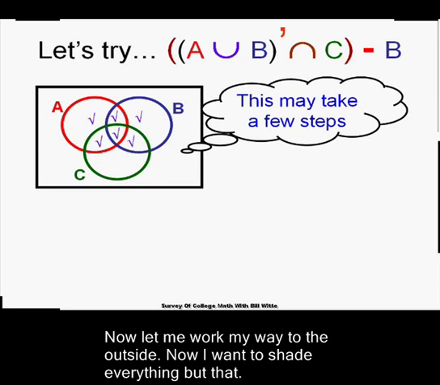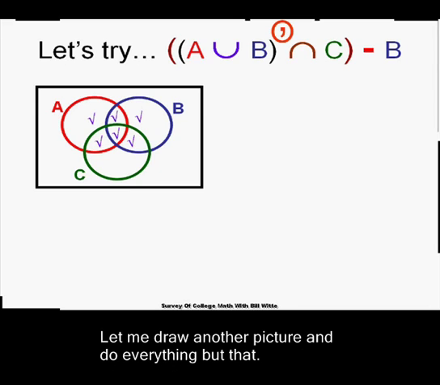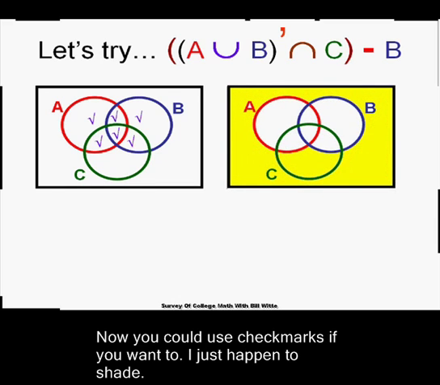All I've done now is A union with B. Now I want to do everything but that. Let me draw another picture and do everything but that. You could have used check marks if you wanted to. I just happened to shade.